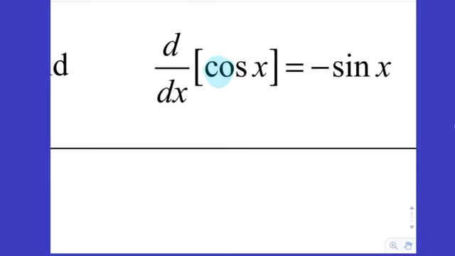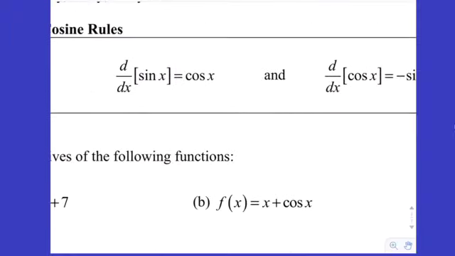Any trig function or inverse trig function that has the word co in it is going to end up being negative, okay? And anything that does not have a co in it, like sine, tangent, secant, arcsine, arctangent, arcsecant, will be positive, okay? Anything that has co will be a negative derivative. Anything without co will be a positive derivative. That will help you memorize everything moving forward.